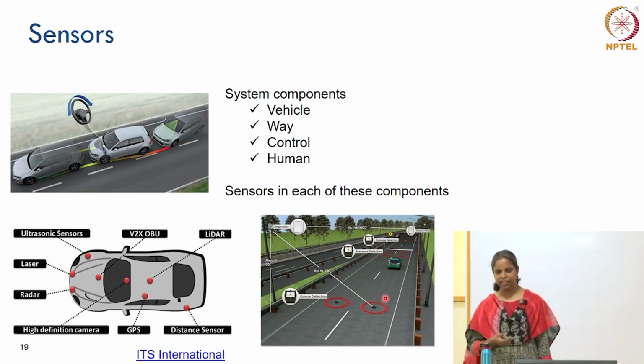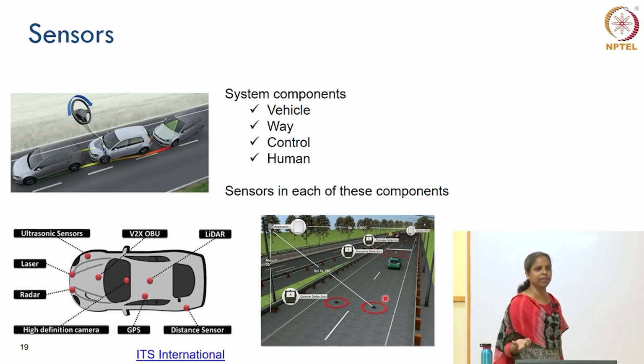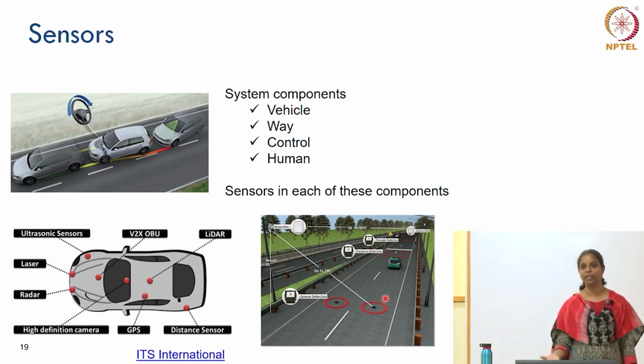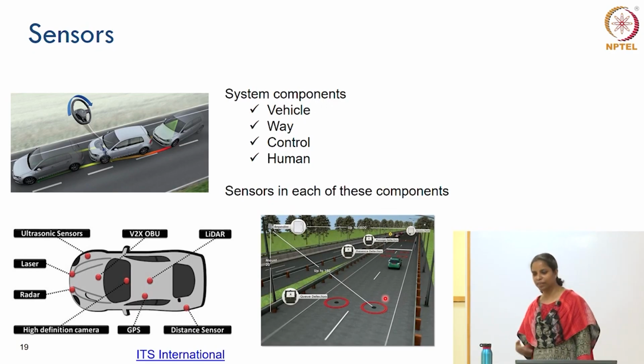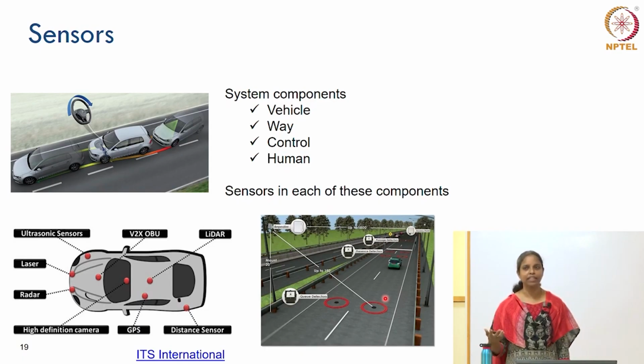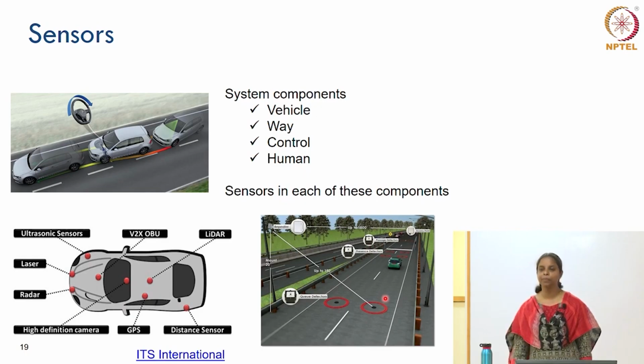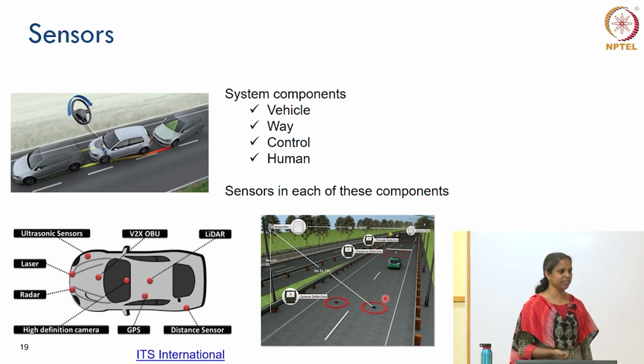It can be in the vehicles, it can be in the roadway, it can be in the human beings. And with the advancements that are happening, there are enough sensors that get deployed into your vehicles. Within you, for example, your cell phone is a very good sensor. It gives a lot of information.